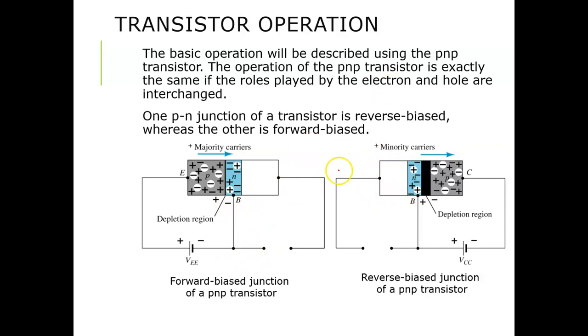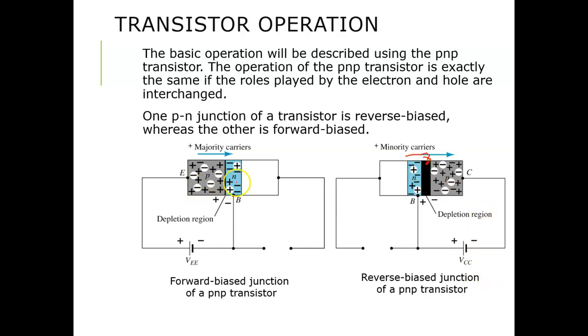Whereas in reverse bias, the depletion region, the region between the two N-type base regions, extends. The positive ions are attracted to the negative power supply, and the region is extended.